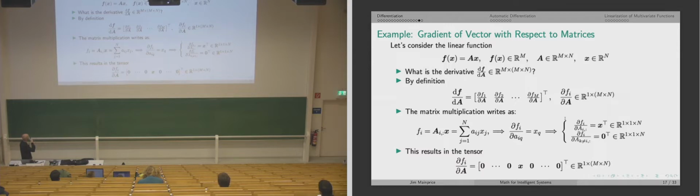Here we are considering A as the input, and we have them collocated like that in the Jacobian. But here, each first-order derivative of each elementary function is going to be itself a matrix.